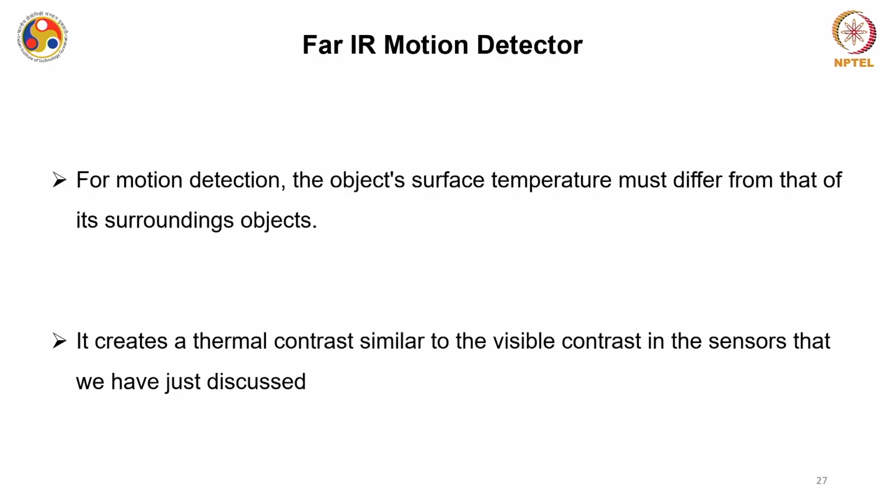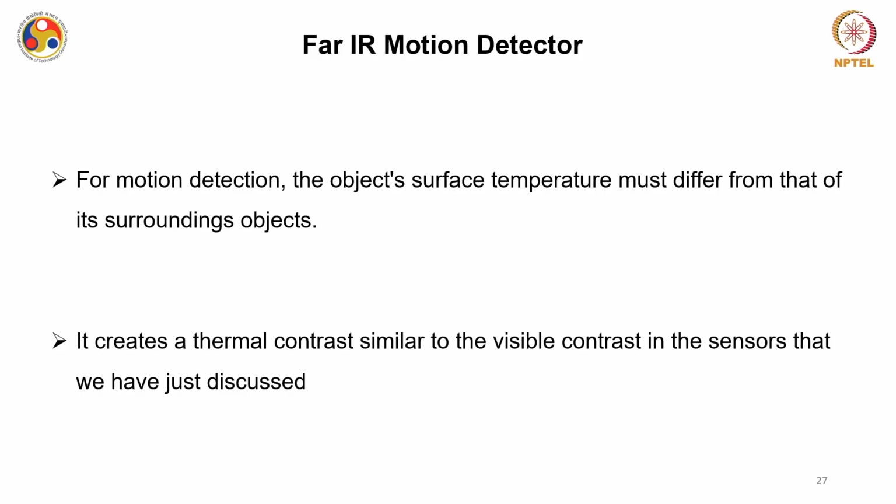For motion detection, the object's surface temperature must differ from that of its surrounding objects. So if the object is at the same temperature as its surroundings, the thermal cameras or the IR motion detector will be blind in that case.